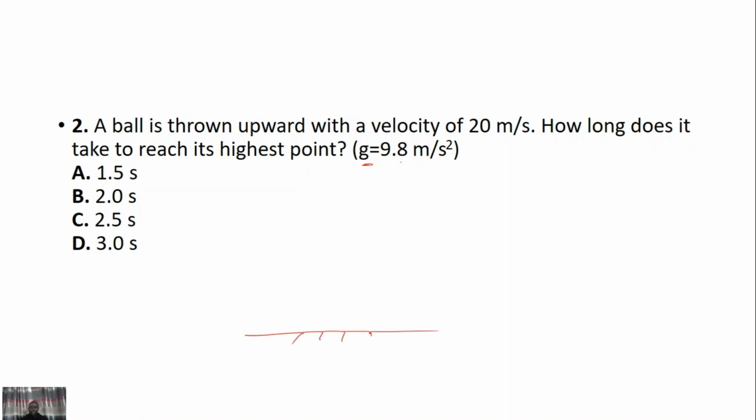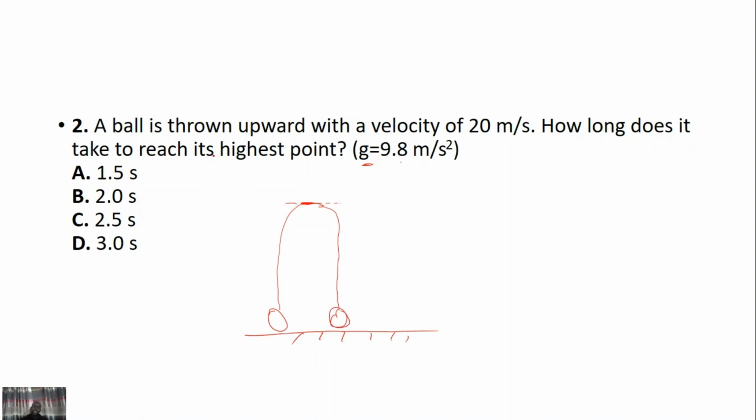Let's say the ball from here is thrown up. When it goes up, right, anytime you throw something up, at a point it will stop and start coming down until it hits the ground. This is how the path usually is, right?